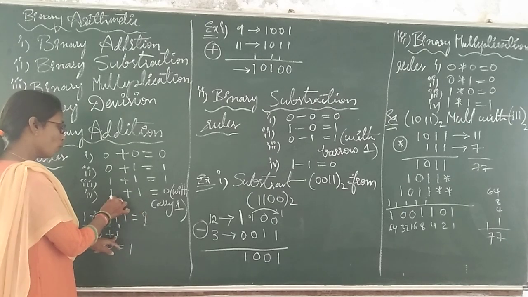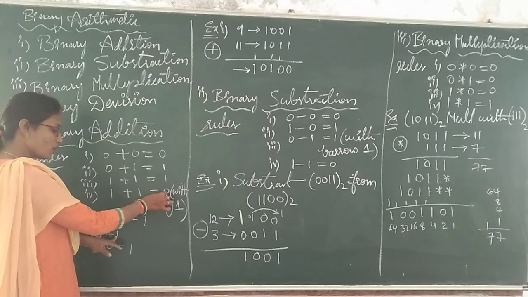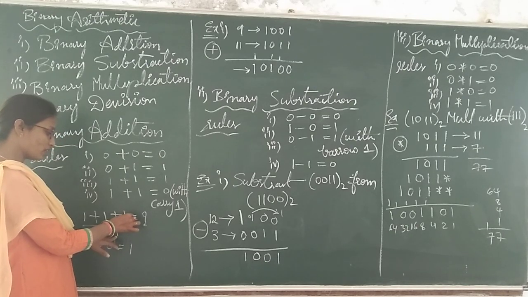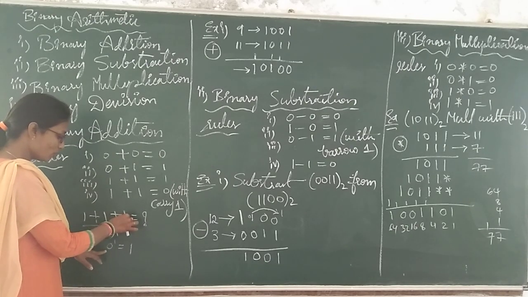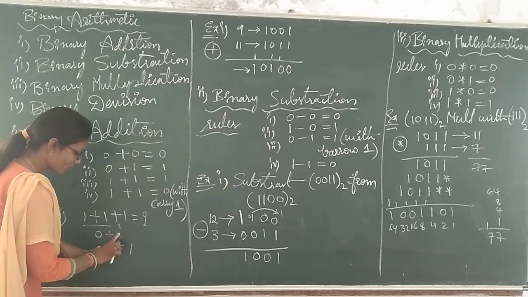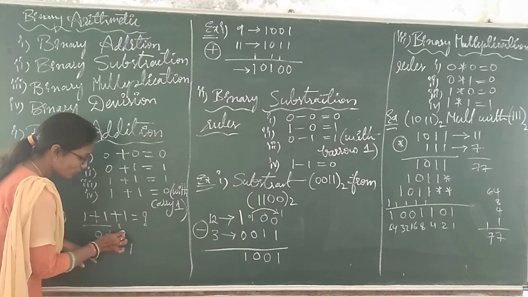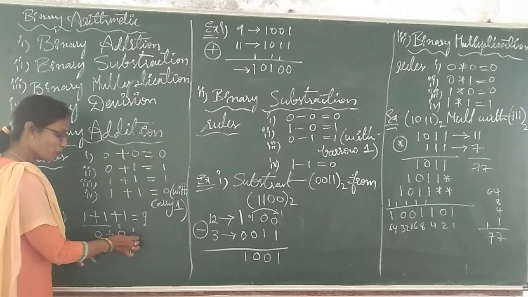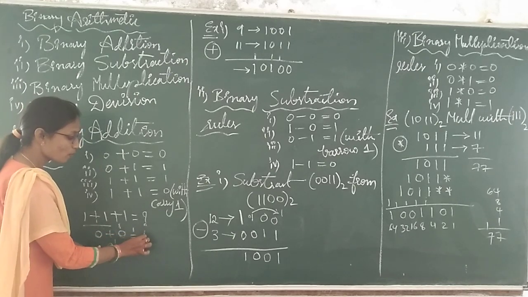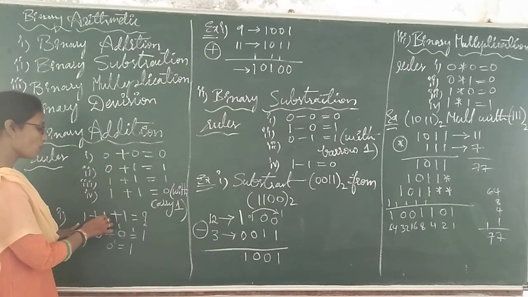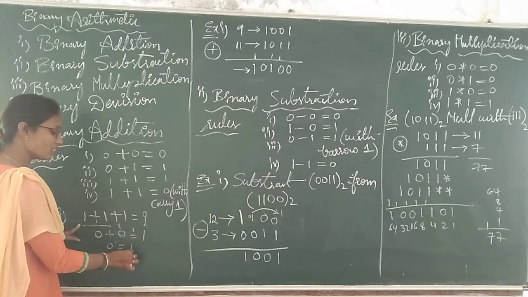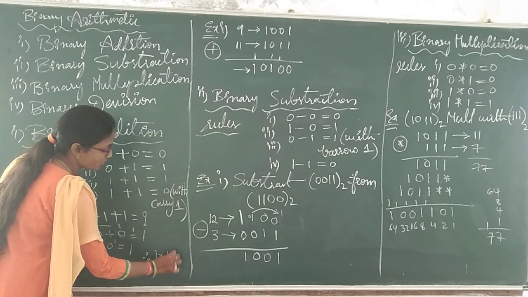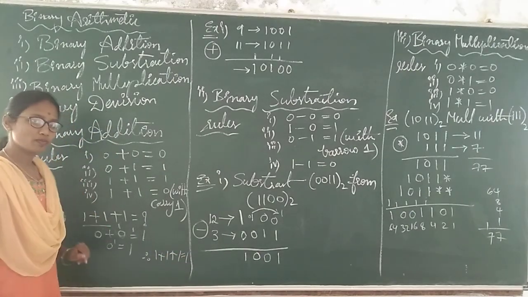Now after adding this carry, the remaining value is 1. Now 1 plus 1 plus 1, the result is 1. Therefore 1 plus 1 plus 1 equal to 1.